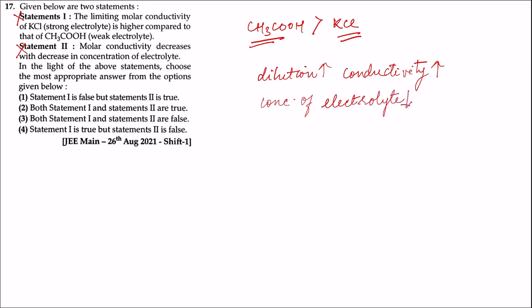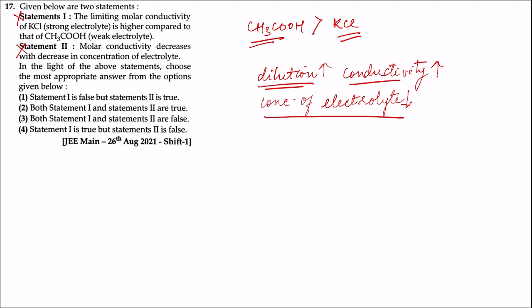When dilution increases, means if a certain amount of solute is dissolved in a solvent, and if more and more solvent is added to the solution, the concentration of the electrolyte in the solution will decrease, but the conductivity will increase.